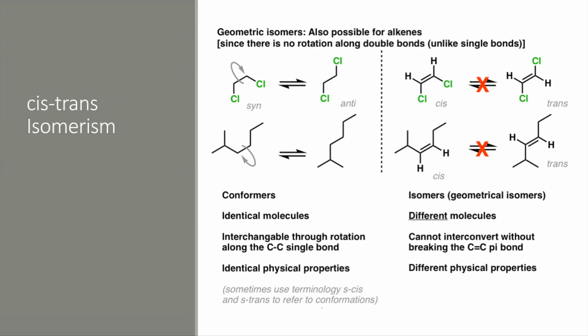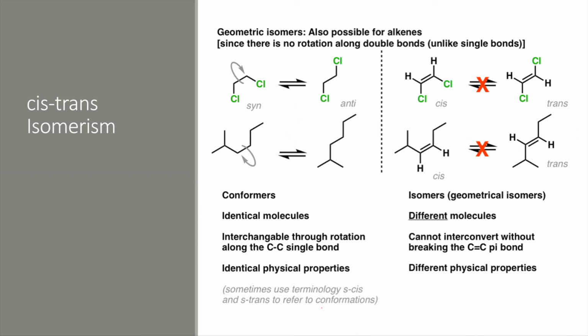So again, this type of isomerization using cis or trans is also possible in alkenes when we have a double bond. And that's because just like in our strained small ring, there's no rotation along a double bond. Remember that single bonds can have conformers, and these are generally identical molecules that have different conformations. These are possible because of the rotation around a single bond.